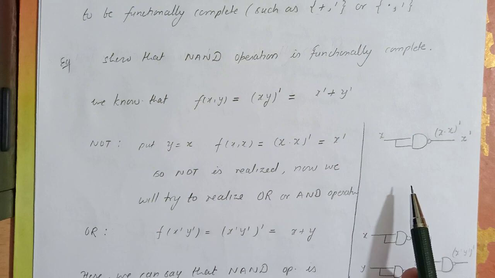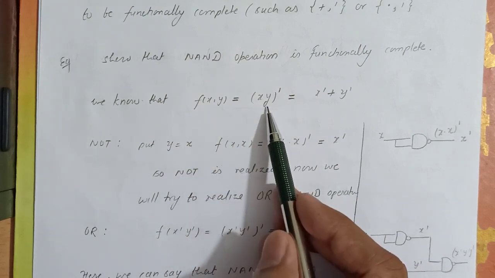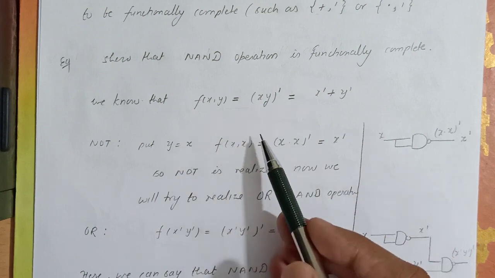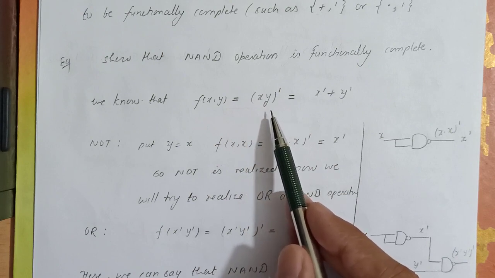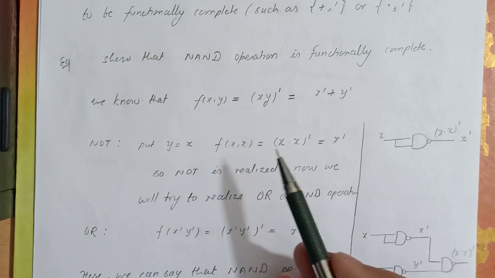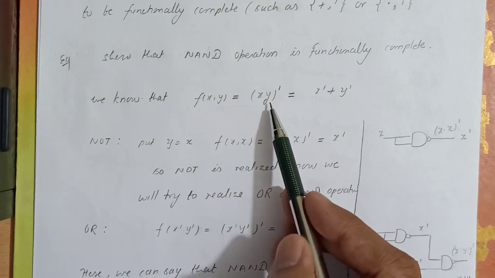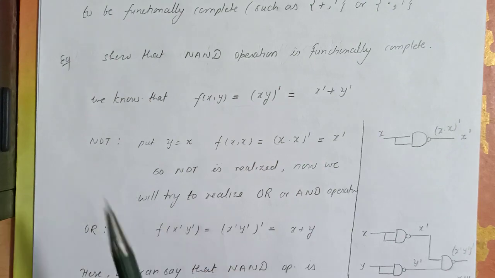So if this is your Boolean operation, we can try to generate the NOT operation, and then we will try to generate the AND and OR operations. Firstly we will generate the NOT operation. How can we generate the NOT operation with the help of the NAND operation?